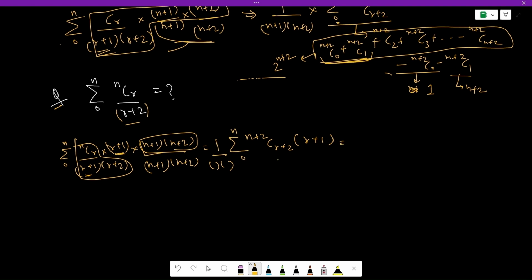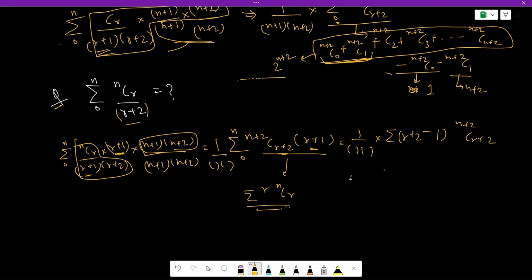Now here we can see that we can use the r and nCr summation result, but we need to first make it, because here it is r plus 2, here it is r plus 1. So we can write it as 1 by this, summation (r plus 2 minus 1) n plus 2 C r plus 2.